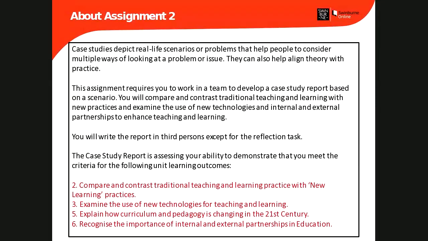What have you taken from the unit? What ideas, what new practices, what different types of technology, what partnerships do you think would be useful to create a successful teaching and learning program for these students? Before I move on, are there any questions?